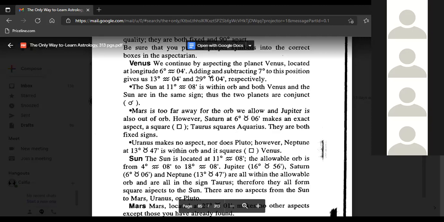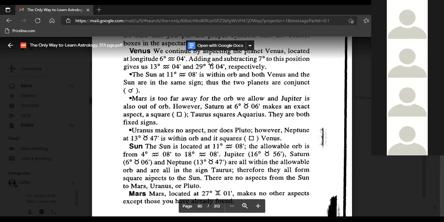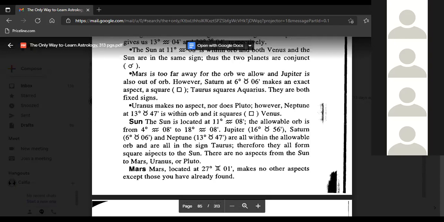Jupiter, 16 degrees Taurus, 56 seconds, Saturn, 6 degrees Taurus, 6 seconds, and Neptune, 13 degrees Taurus, 47 seconds, are all within the allowable orb and are all in the sign Taurus. Therefore, they all form square aspects to the sun. There are no aspects from the sun to Mars, Uranus, or Pluto.